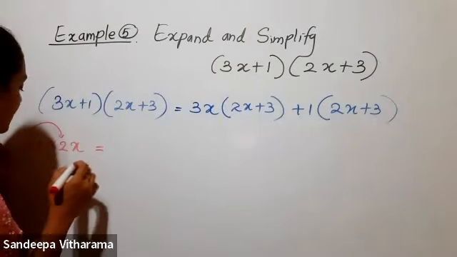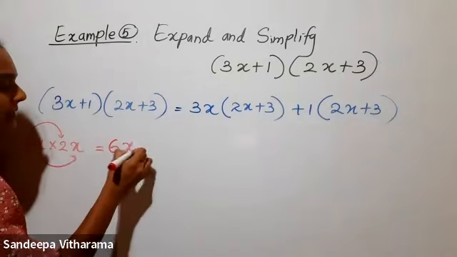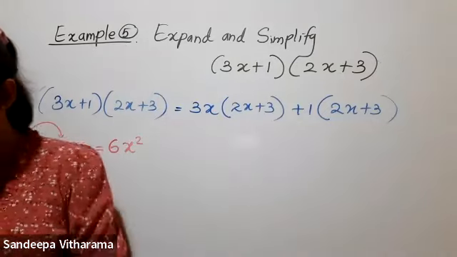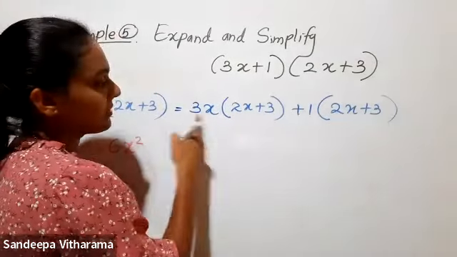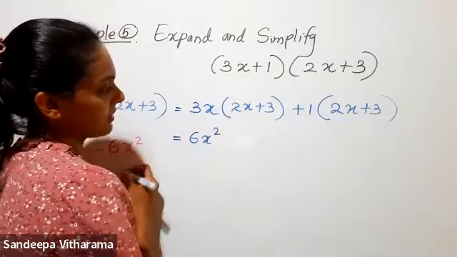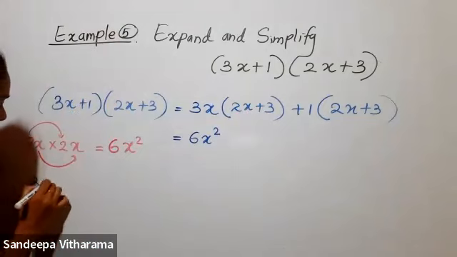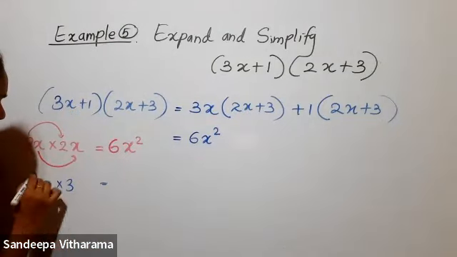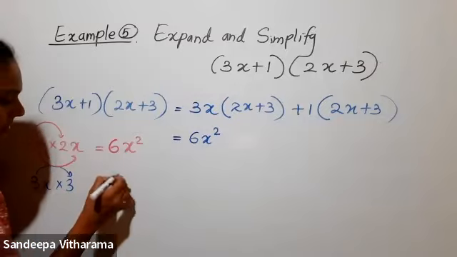Multiply coefficients, it is 6. x into x, it is x square. Then what is the answer? 3x into 2x: 3 into 2, it is 6. x into x, x square. 3x into 3: here only one coefficient. 3 into 3, it is 9.